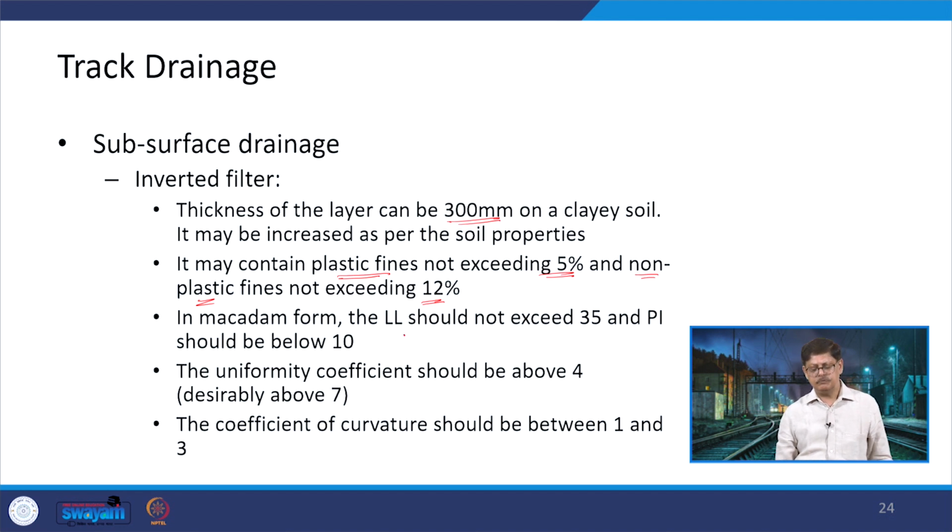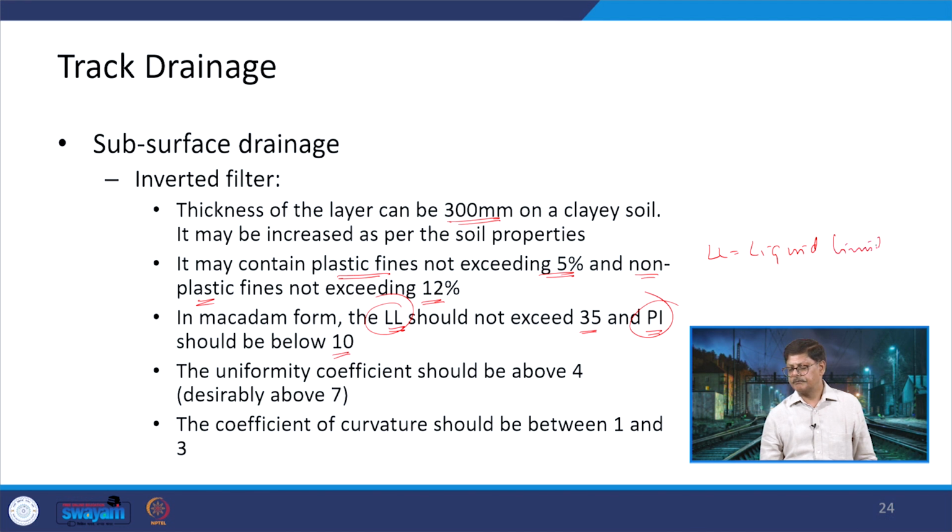In this macadam form, the liquid limit shall not exceed 35 and the plasticity index shall be below 10. So, this liquid limit and plasticity index you must be knowing if you have read soil mechanics. So, this LL is liquid limit and PI is plasticity index, and this is the difference LL minus PL, where PL is the plastic limit.